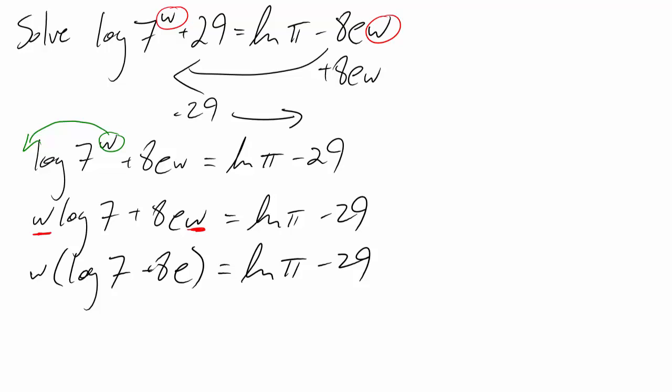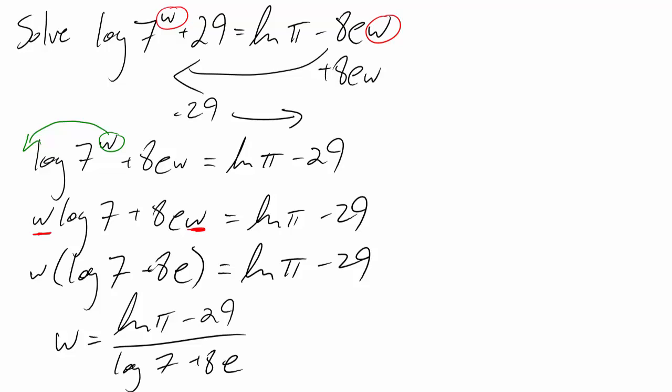And then for our last step here, we're going to divide out the thing next to the w, which is our log 7 plus 8e. So we get w equals natural log pi minus 29 over log 7 plus 8e. And that's our final answer.